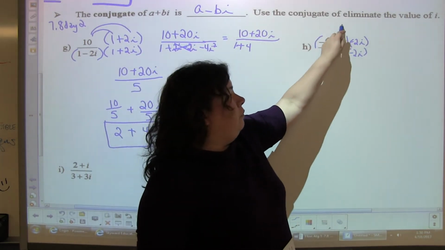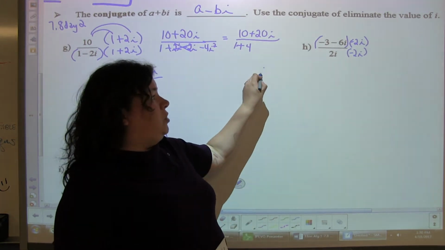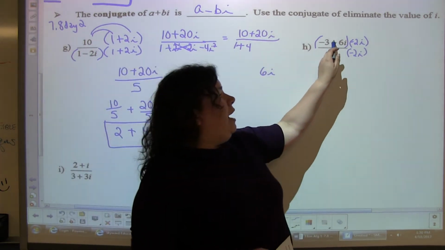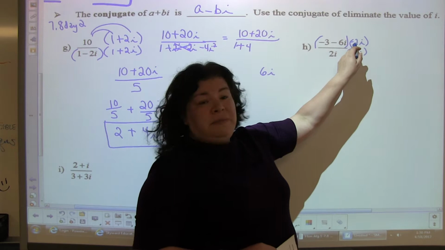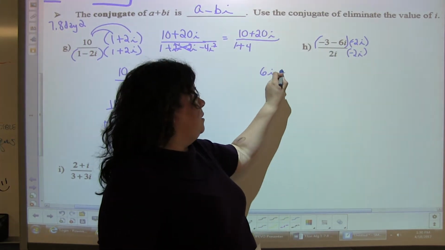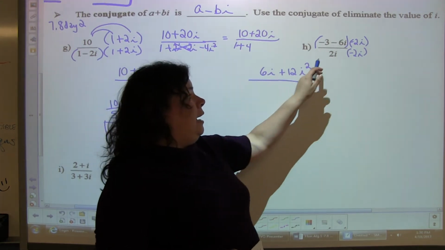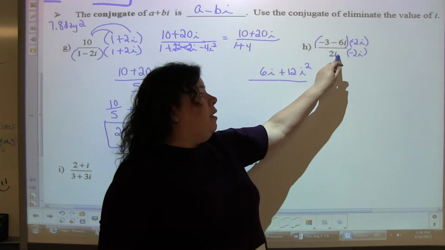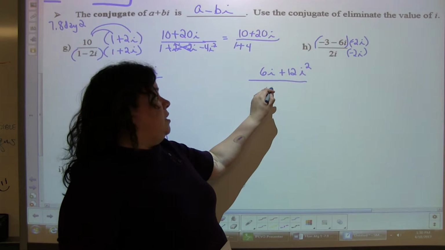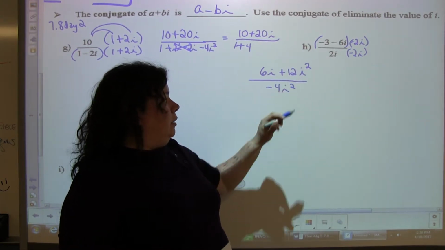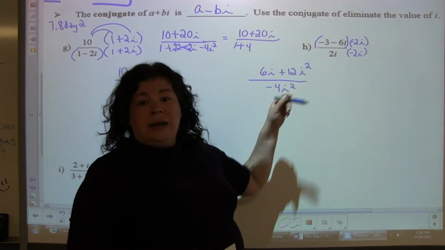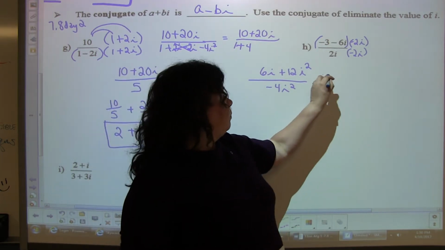So we have negative 3 times negative 2i, which is positive 6i. We have negative 6i times negative 2i, which is positive 12i squared in the numerator. And in the denominator, we have 2i times negative 2i, which is negative 4i squared. Please don't forget that i squared is negative 1.